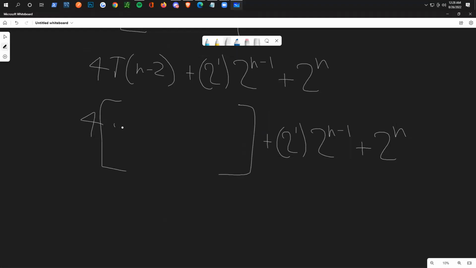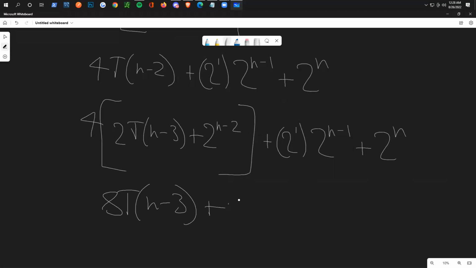And now we're going to write 2T of n minus 3 plus T of n minus 2. Just transfer it over, that's it. Now let's just do the algebra. And again, in this case, I'm just going to leave it how it is so you guys can see my thought process on this as I solve it out. So times 4, let's just put this in terms of powers of 2.